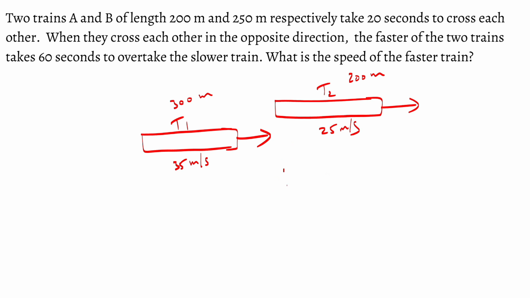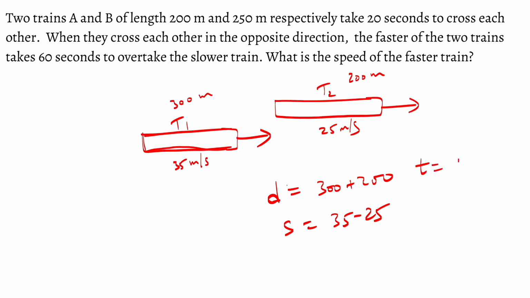So here, the total distance is the sum of both the trains' lengths, that is 300 plus 200 meters. What about speed? Relative speed. As they are moving in the same direction, the relative speed will be 35 minus 25, so we have to subtract them. If they are moving in opposite directions, we have to add them, right?